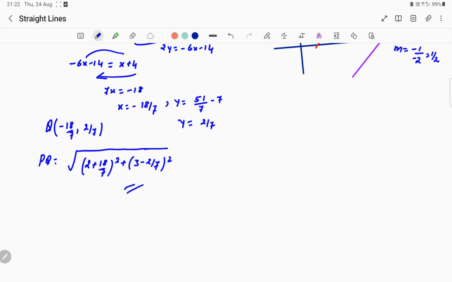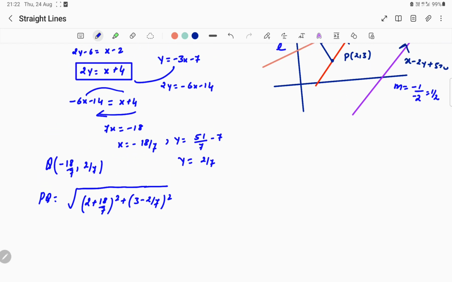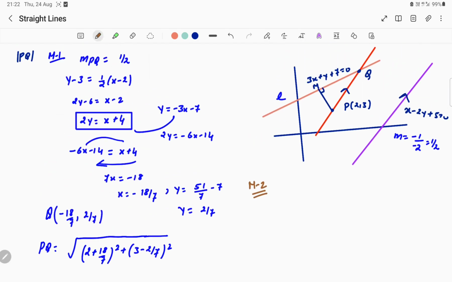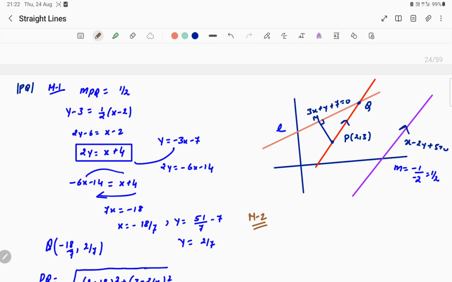Please do the calculation from here. The method I've explained, I hope that's okay. Now let's see method number 2. Method number 2 is that if I ask you, can you tell me what this angle is? The answer is yes.